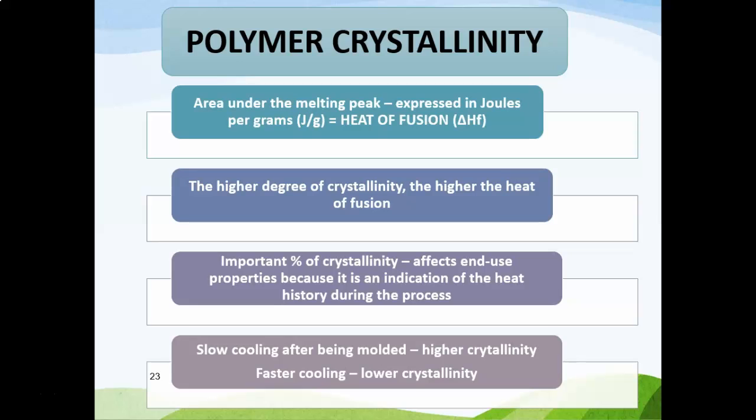The percentage of crystallinity is important because it affects the end-use properties, as it is an indication of the heat history during the process. And we have annealing, which is to heat metal or glass and allow it to cool slowly in order to remove internal stress and toughen it.